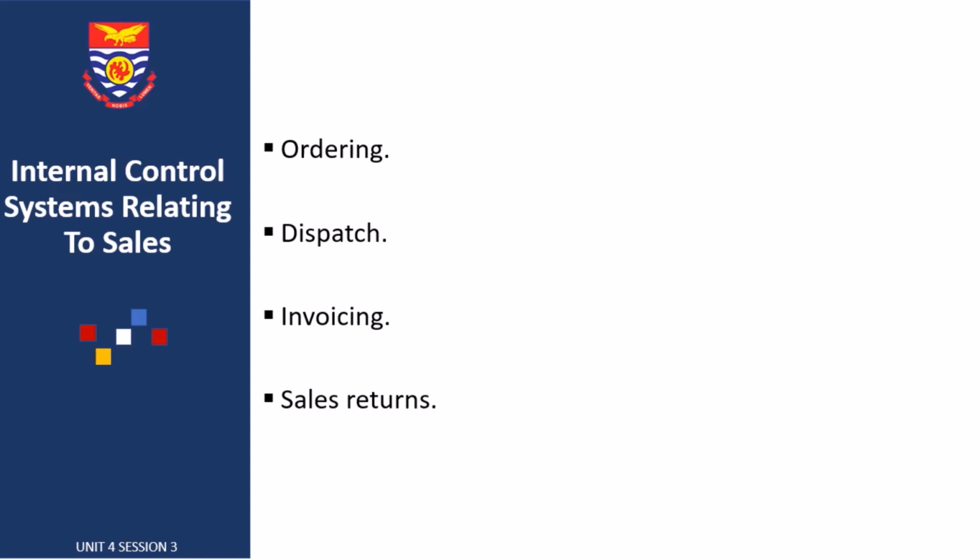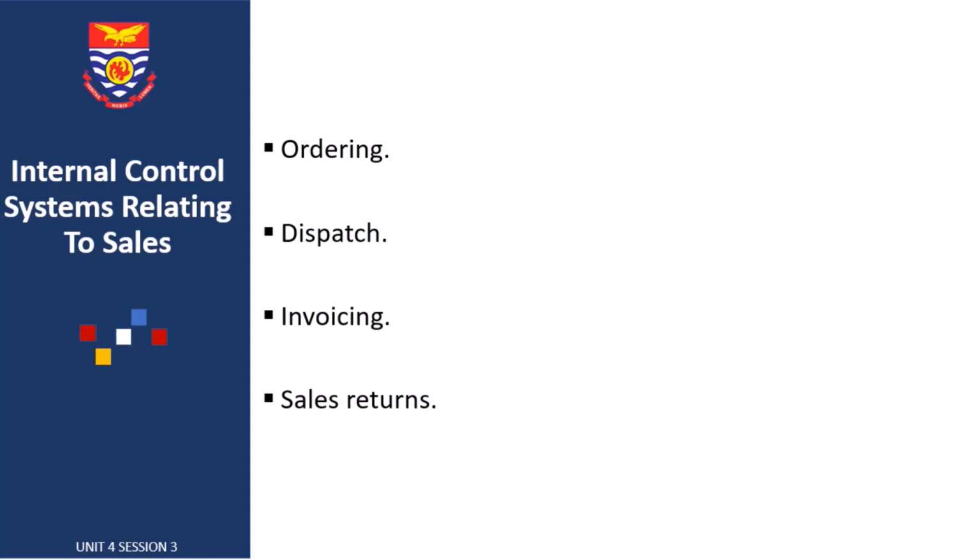The sales order should be used to produce a dispatch note for the sales. So there has to be a sales order which is used to produce a dispatch note for the goods outward department. That must be sent to the goods outward department.